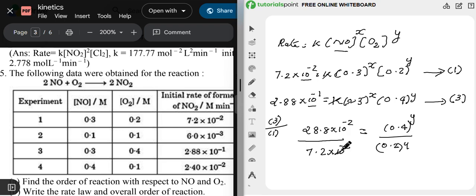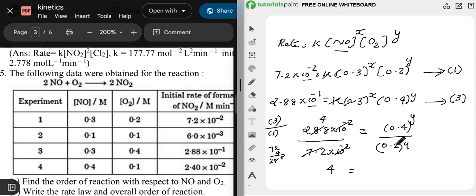Now 10 raised to minus 2, 10 raised to minus 2 we can cancel. 28.8 divided by 7.2: 4 times 72 is 288, right? So it is 4 times. So here it is 4.